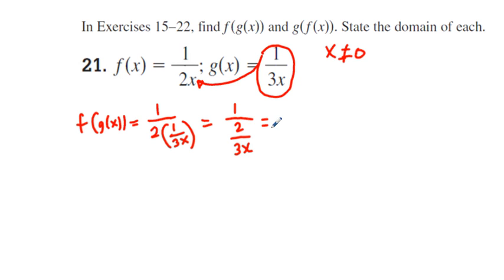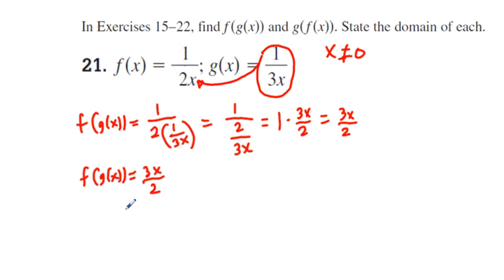Well, dividing by a fraction is the same as multiplying by its reciprocal, so it's going to be equal to 1 times 3x over 2. So we have 3x over 2, 3 halves x. So f of g of x equals 3x over 2.